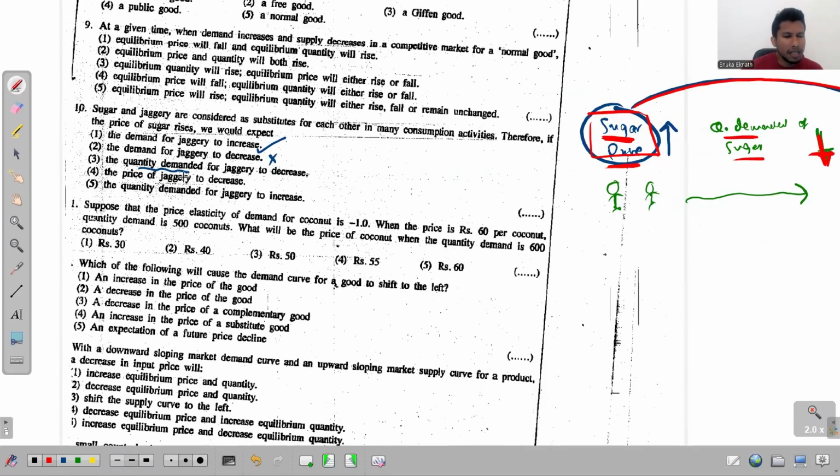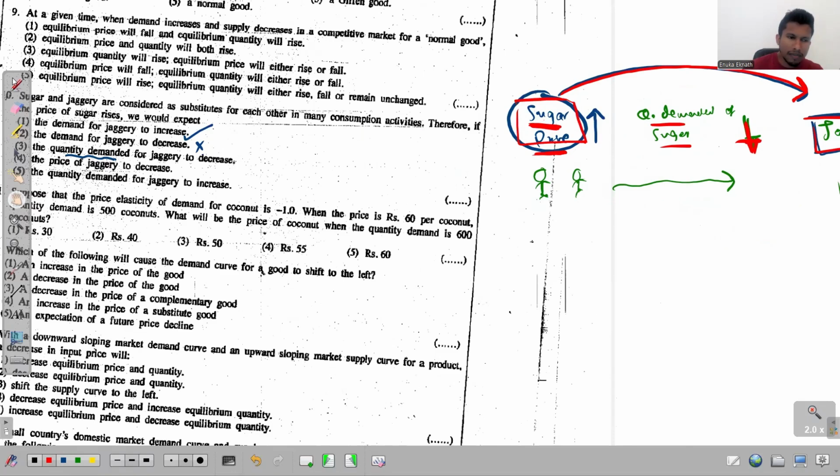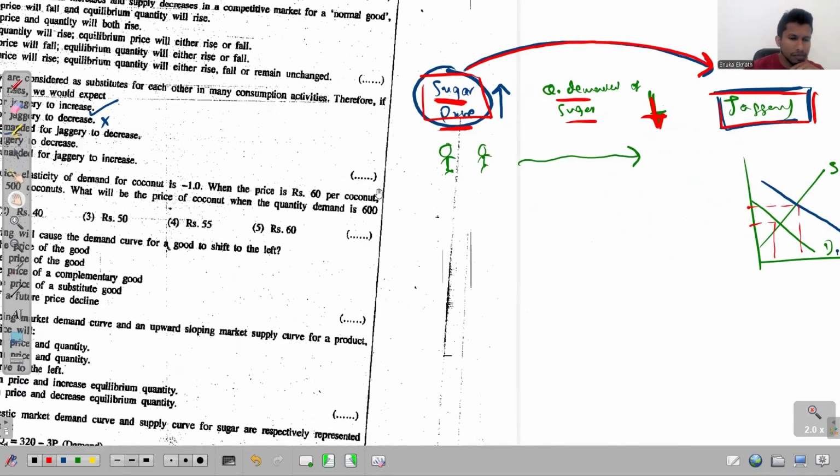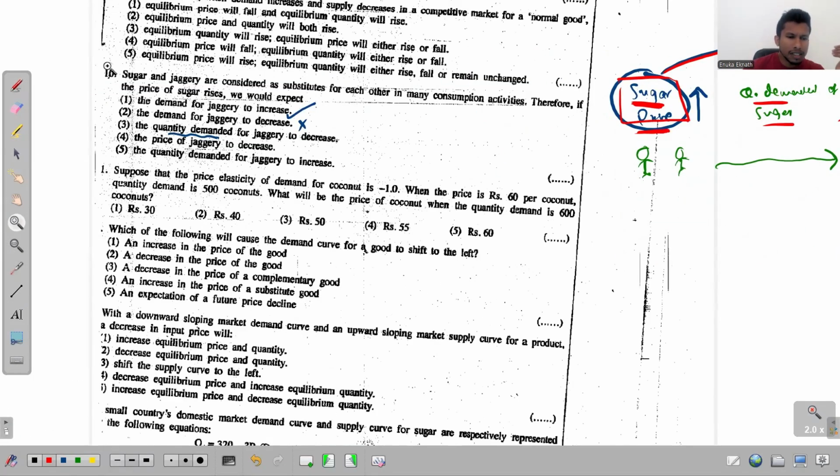Right. Then yes, the price of jaggery to decrease. No, when jaggery demand increases, the price of jaggery will increase. You can see that here. See, this is the initial market price for jaggery, and this is the new market price for jaggery. So that's easy. And the last one, the quantity demanded for jaggery to increase. No, nothing happens to the quantity demanded.